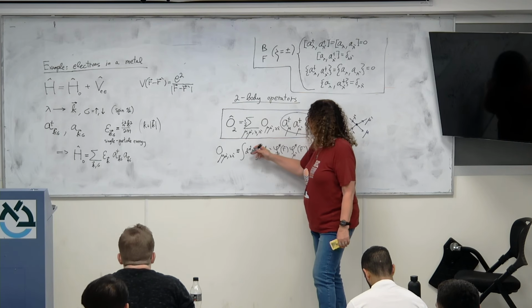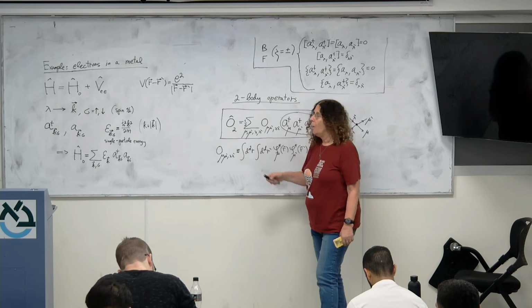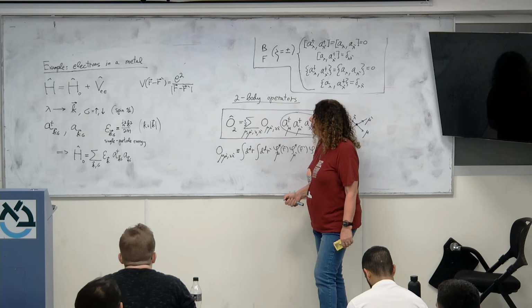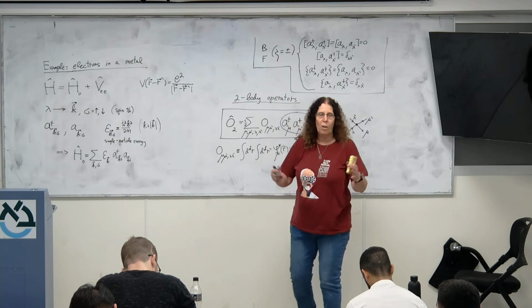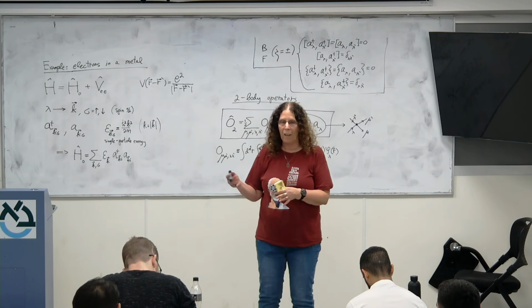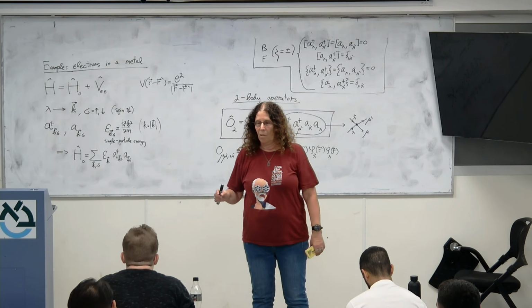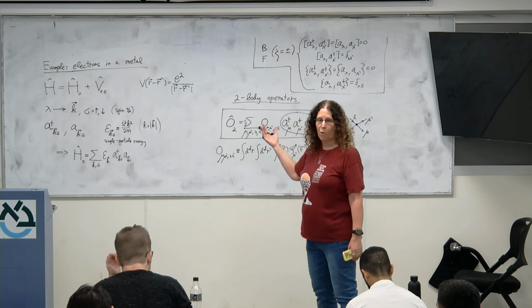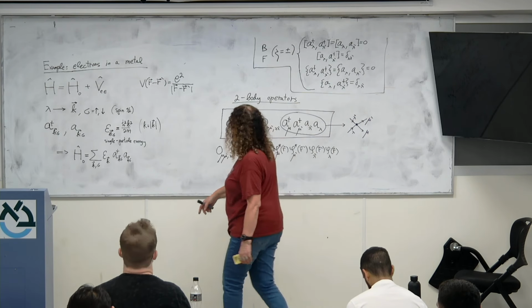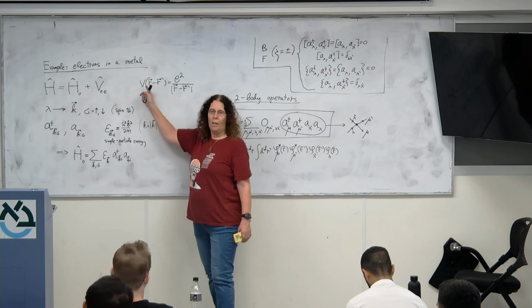Let's forget about the spin for the moment. We're going to get 4 K indices, right? K1, K2, K3, K4. But that's because of the special problem we deal with, which has this translational invariance.